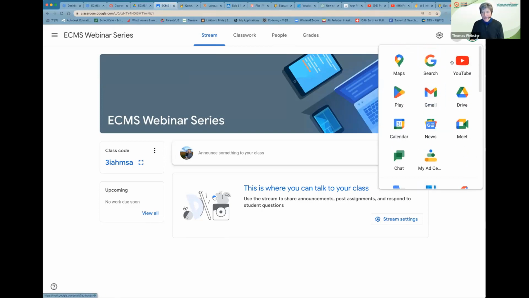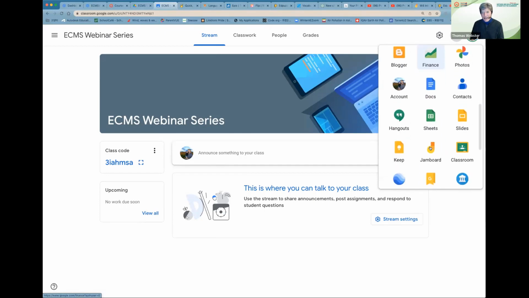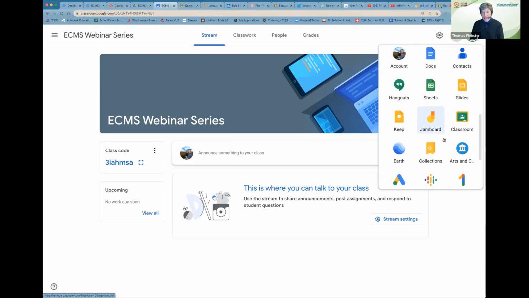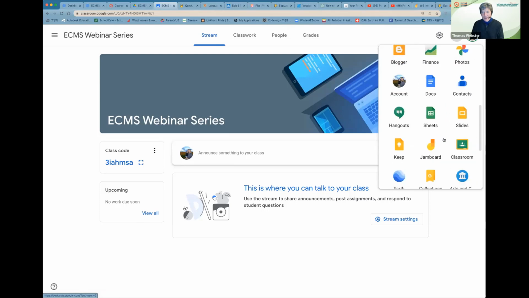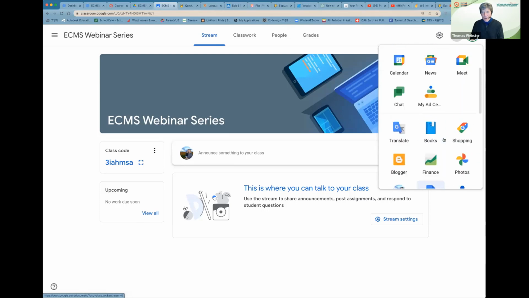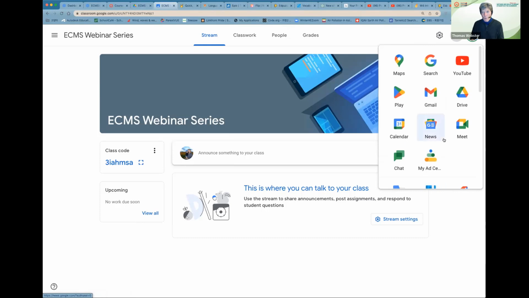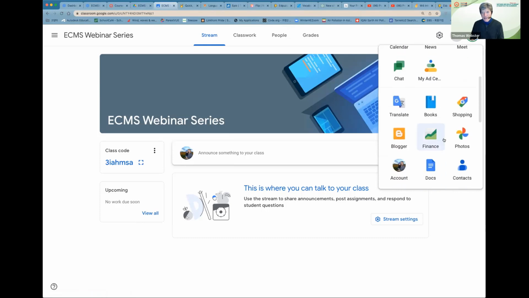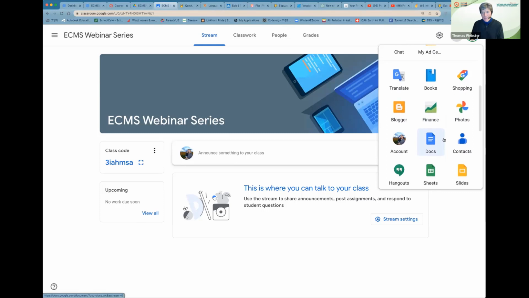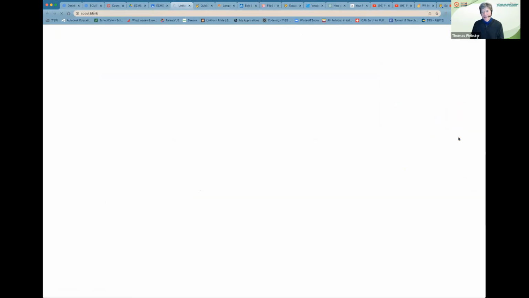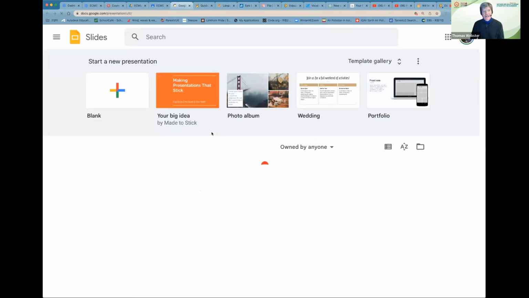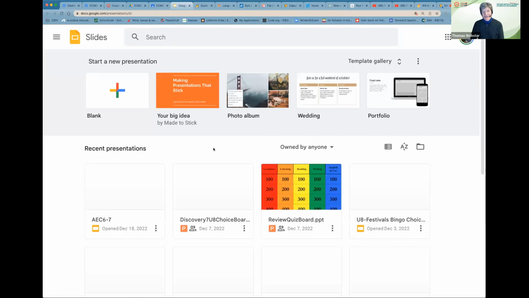But if you go here, all of these tools that Google has, you can play with, especially slides. Where is slides? Did I pass slides already? Where is Google Slides? Oh, there it is. So Google Slides is where you can make activities just like you did.